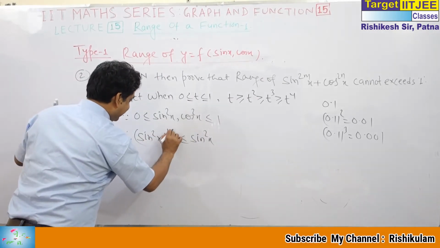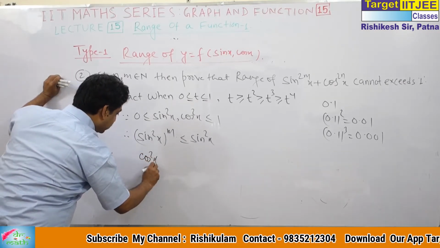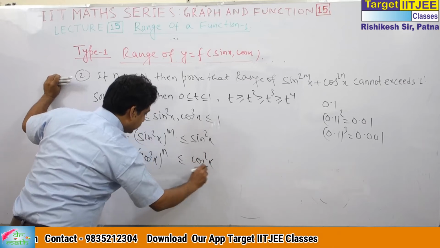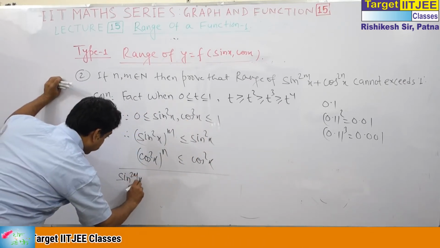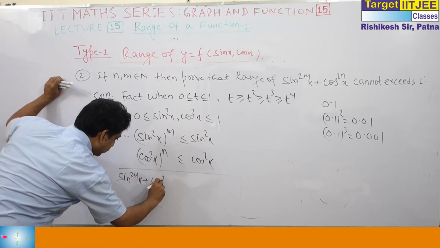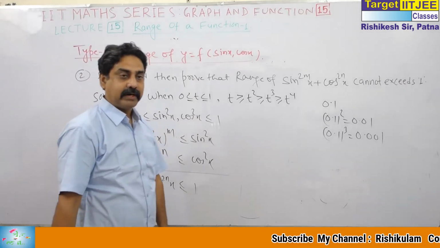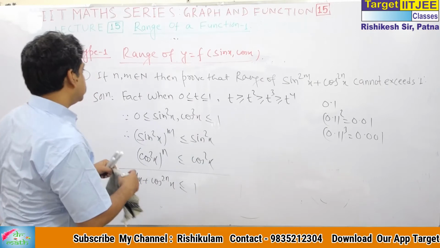And cos square x to the power n is also less than cos square x. When we add these two, sine to the power 2m x plus cos to the power 2n x is less than or equal to 1. This less than or equal to 1 suggests that it cannot exceed 1.